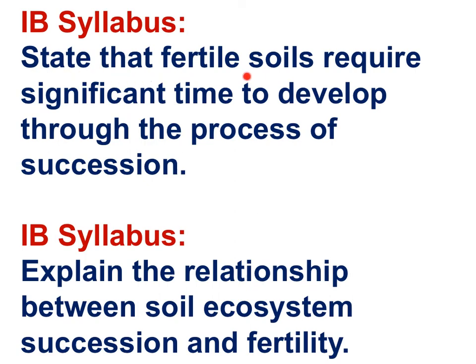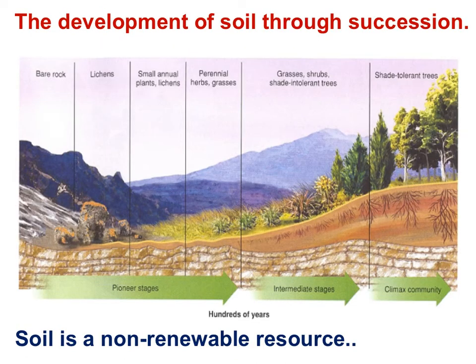State that fertile soils require significant time to develop through the process of succession, and explain the relationship between soil ecosystem succession and fertility. This is a nice image that shows the development of soil through successional time. It's a long process, taking hundreds to thousands of years. Thus, soil is a non-renewable resource, non-renewable natural capital.